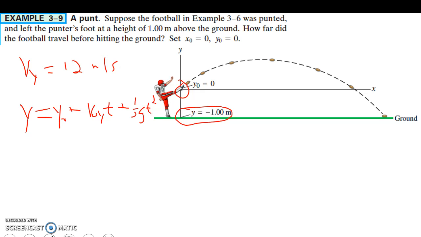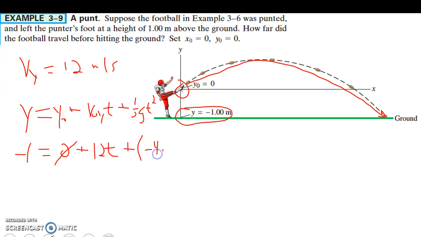We're going to work our way to solve for t. And to solve for t, we know we're at -1. It's going to be our y. Our initial is 0, because we're launching from here to here, right? Our initial velocity, we already said, was 12t, plus, and g being 9.8, take half of that, -4.9 t squared.